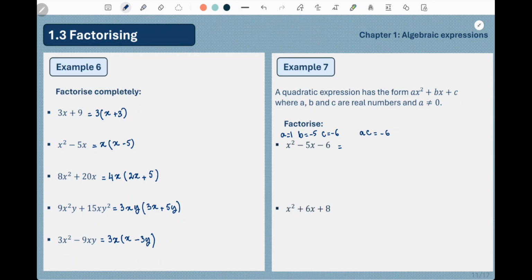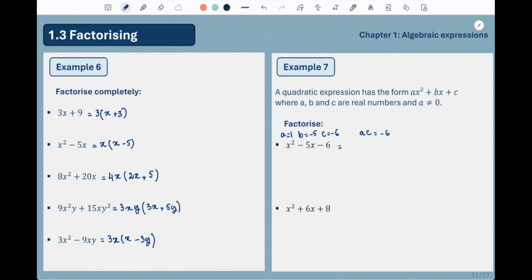Okay. So I need to find two numbers. If you multiply them together, it gives you minus 6. And if you add them together, it gives you minus 5. So think in your mind, what are these two numbers? Whenever I encounter these questions, I like to think of two numbers that multiply, and then when I find that combo, I check which ones add up to minus 5.